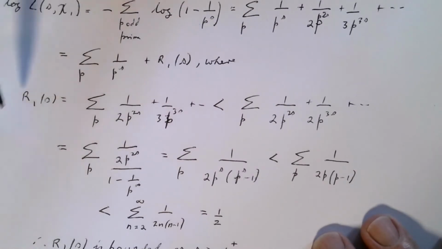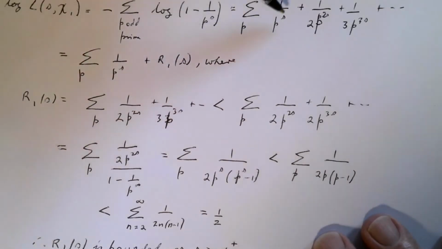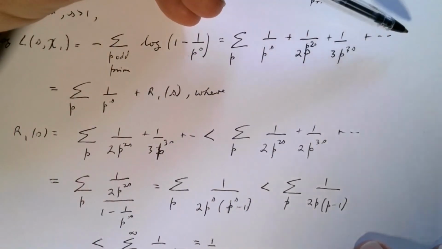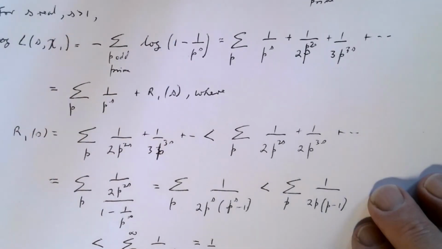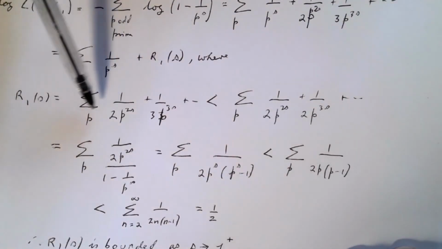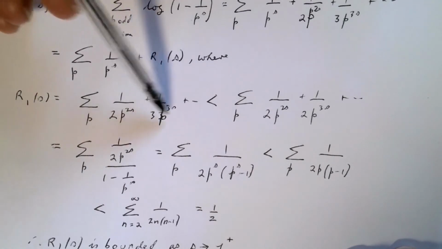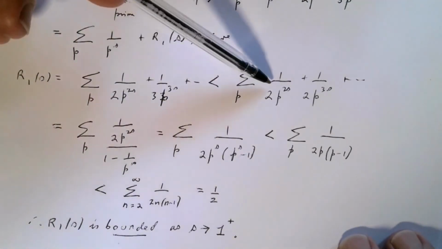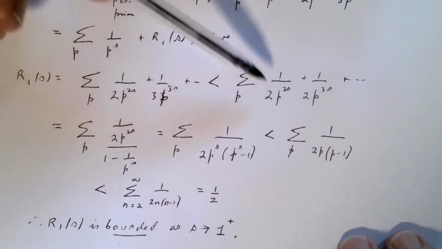So R1 of s is just the sum over the primes of all these terms here, and that's just what I've written down here. And I just start bounding away things. So this is less than, I can replace the 3, 4, 5 with just 2's all the way along. That turns this into a geometric series, which I can sum, and I get this.